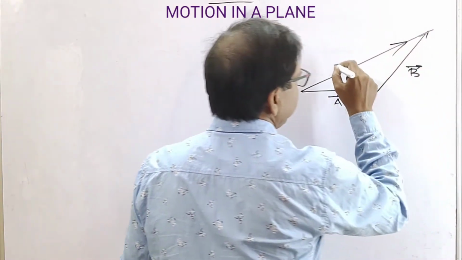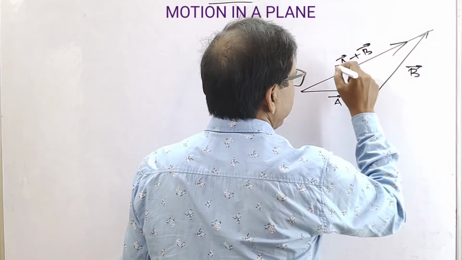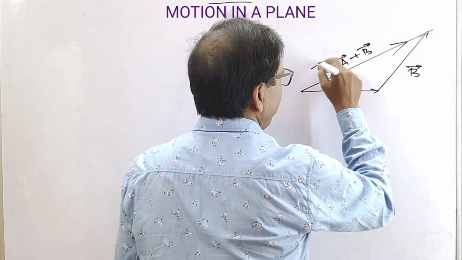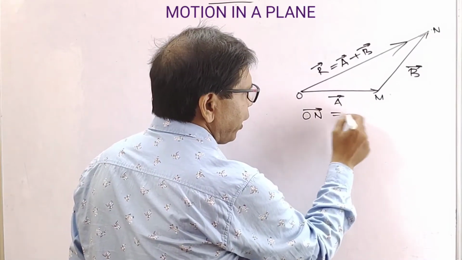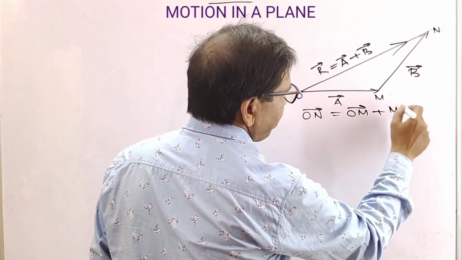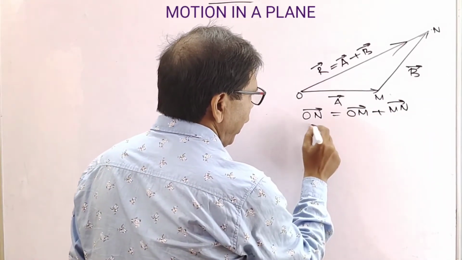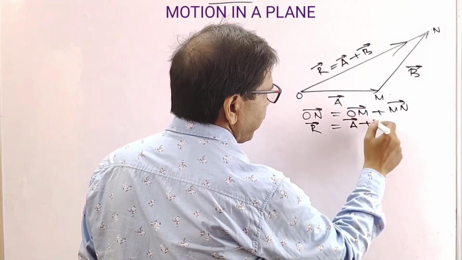This side represents their sum, that is A vector plus B vector. This vector is called the resultant vector. Here ON vector is equal to OM vector plus MN vector. So here R vector is equal to A vector plus B vector.